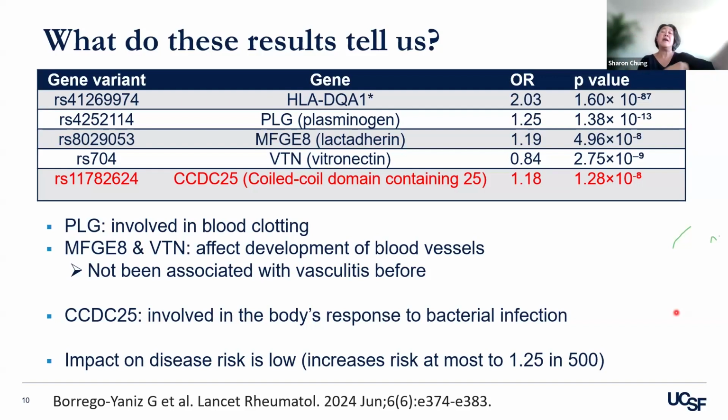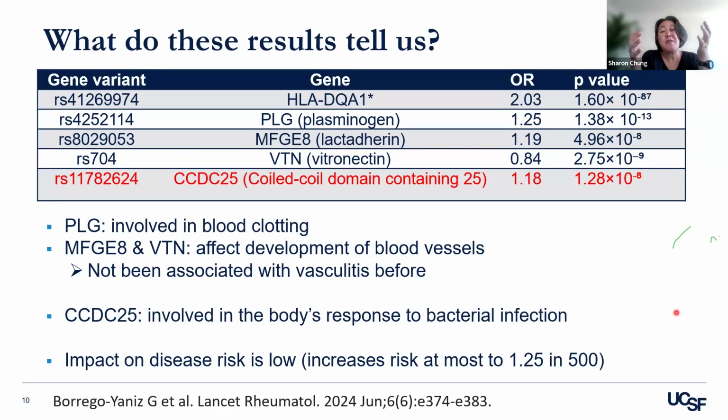Now, because the risk imparted by each of these genes is pretty low, it doesn't really make a whole lot of sense to try to test for each of these gene mutations independently. Like, it doesn't make sense to try to test whether or not somebody has this plasminogen mutation.